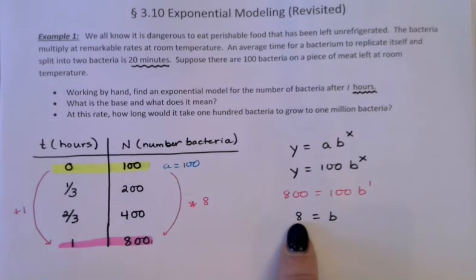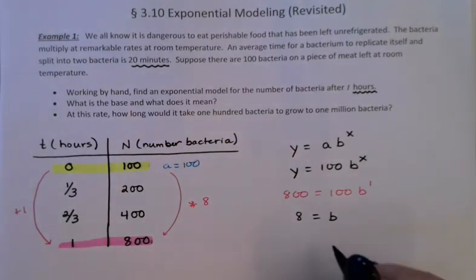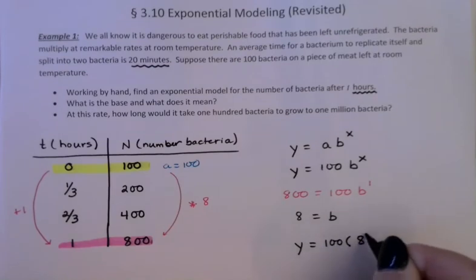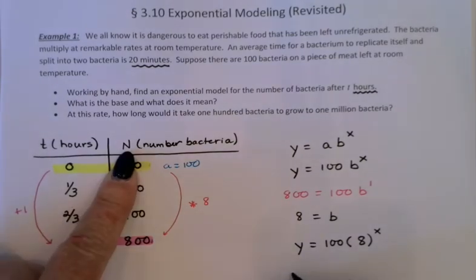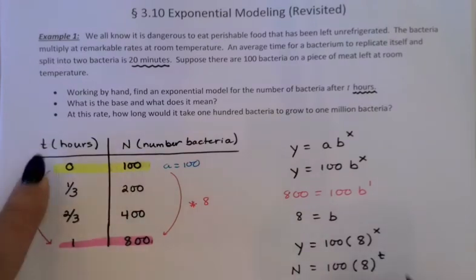So in fact, the fact that the base is 8 should not have really been a surprise to us. All right, whichever way you saw it though, we now have the equation y equals 100 times 8 to the x, or if I rewrite that in terms of my variables, n equals 100 times 8 to the t.